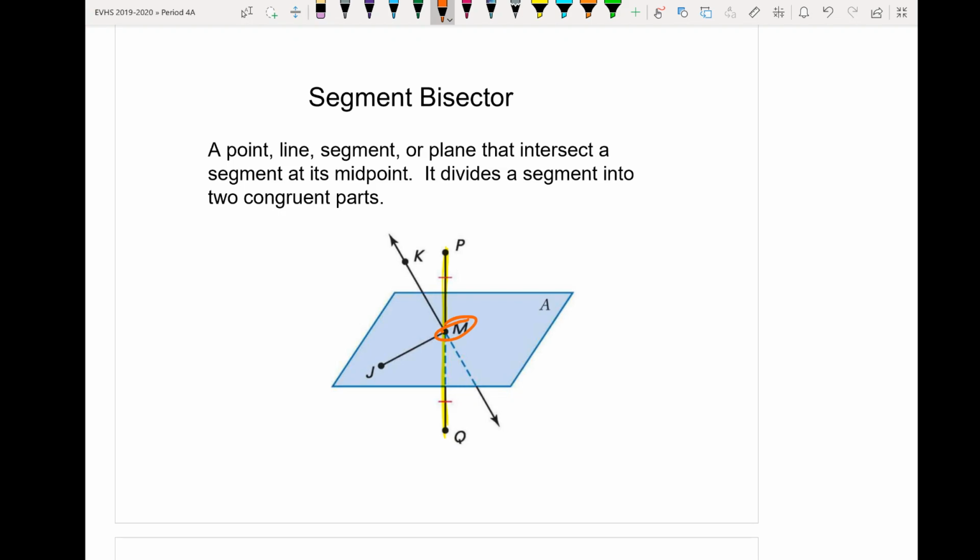Also, segment JM is a bisector of PQ because it cuts it exactly in half, intersects at the midpoint. Also KM, and also plane A, because plane A crosses it exactly at the midpoint. Anything that cuts it in half is the bisector. By the way, bisector literally means cut in two. Bi is the prefix for two, sect is to cut, so to cut in two. All right, any questions on that?